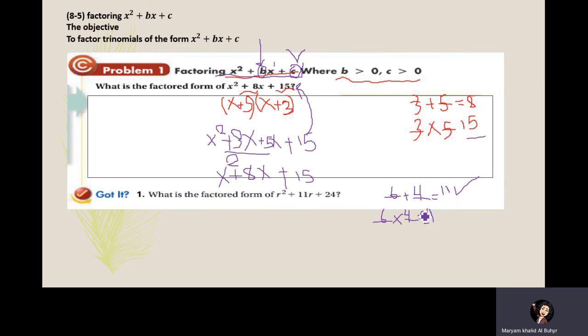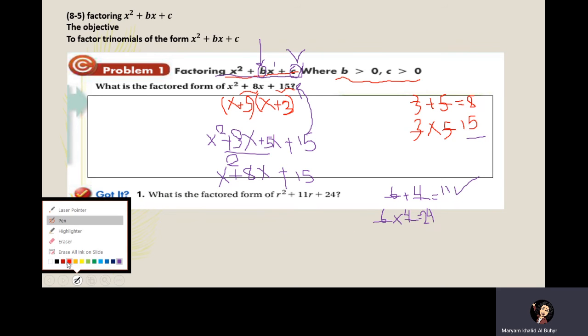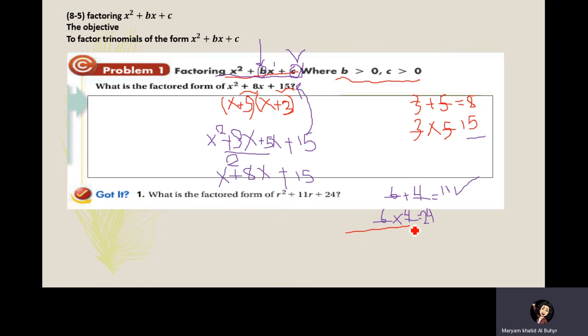Yes, I will get 11. So that's correct. Maybe another girl will say, okay, Miss, I will say 8, and 8 times 3 is equal to 24. Why can't I say that? I will tell you, you can say that, because 8 plus 3 will also give you 11. So this one is correct and this one is also correct.